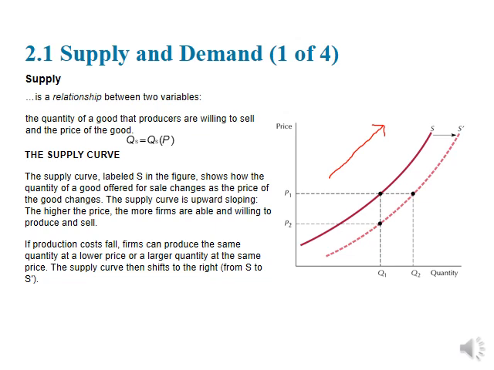For instance, production costs. So if production costs in this example fall, then firms can produce the same quantity at a lower price or a larger quantity at the same price. In other words, they're willing to bring more to market at any given price, and the supply curve will shift out, in this case from S to S prime.